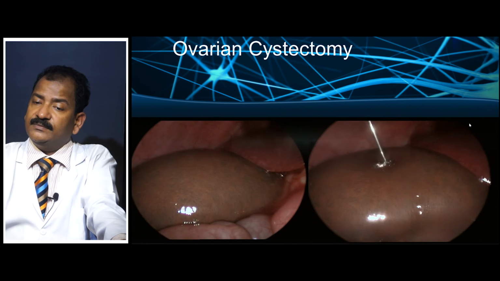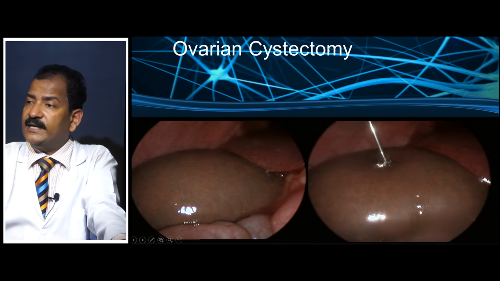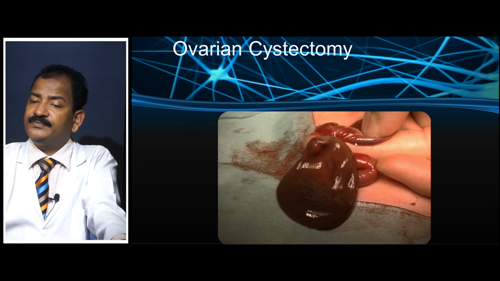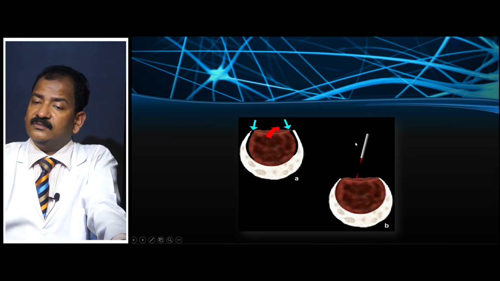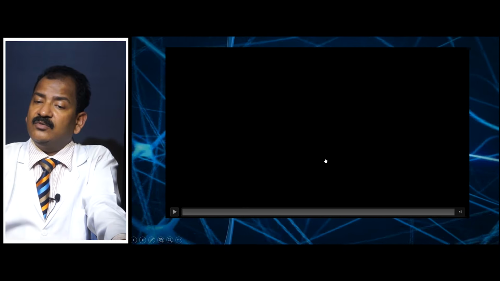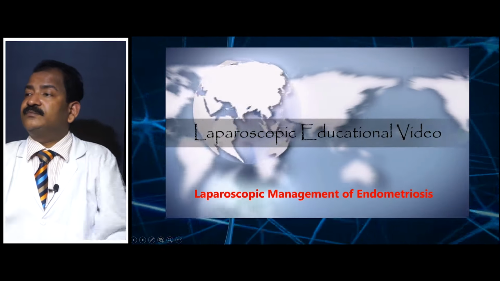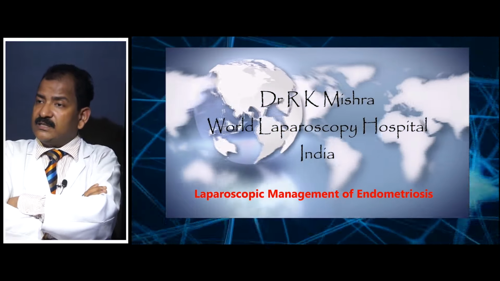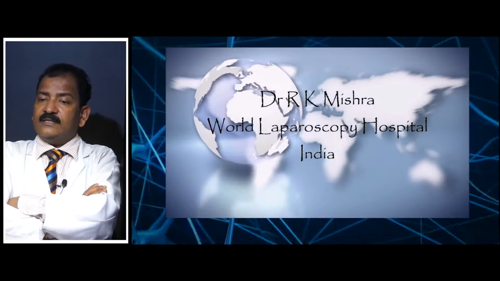Now, sometime you have very huge cyst, again under vision we have to aspirate and then bring it out. In many situations, if you have an endometrioma which is not giving the wall at all, then you have to do it carefully and sometime introduce the suction into the endometrioma to irrigate and suck.